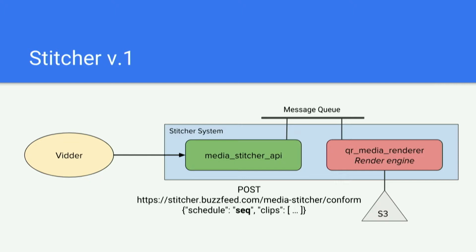The Vidder on the front end, Media Stitcher API receiving the requests, sending a message into our message queue, and then the rendering engine processing that payload. Again, that's on a single server. And the S3 bucket was there for the media storage, as well as the final output was written to S3.